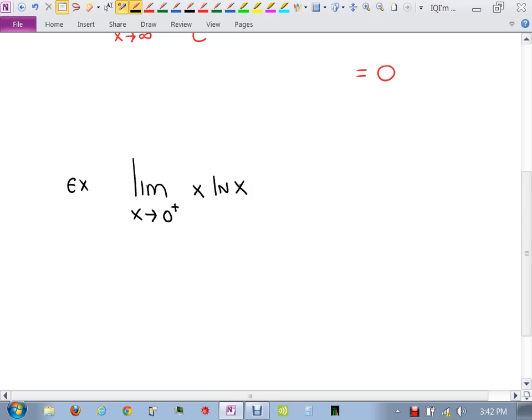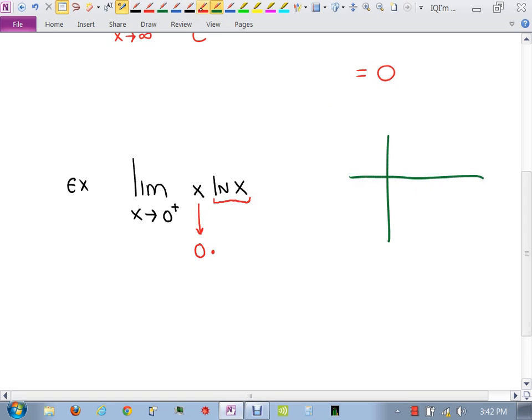So x is headed to 0, right? So what is this first guy headed towards right here? It's headed to 0, right? Times. Now, where does natural log go? What does the natural log function do as you head towards 0? This was in my 3.1 videos also.